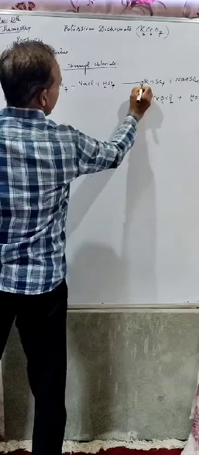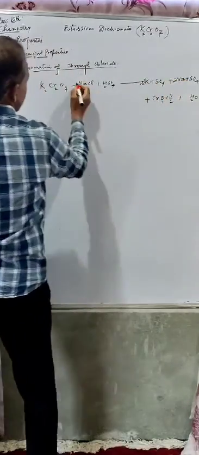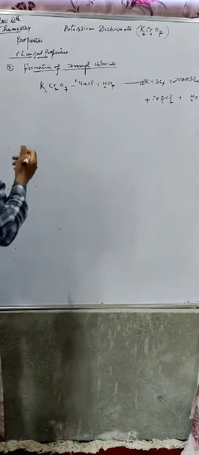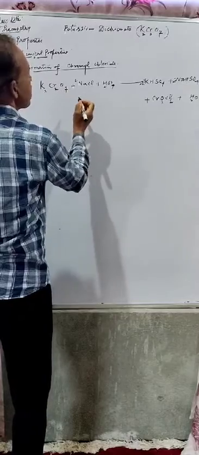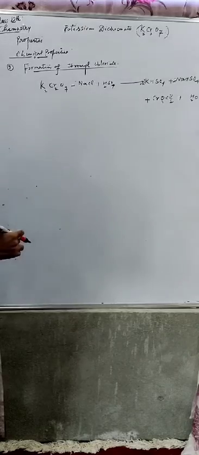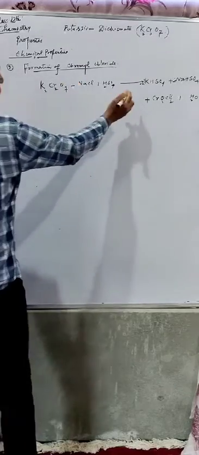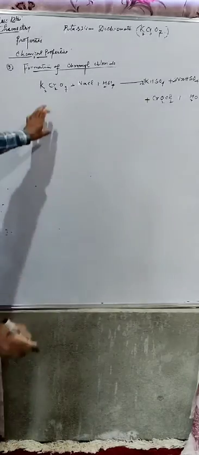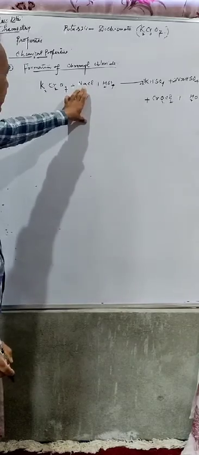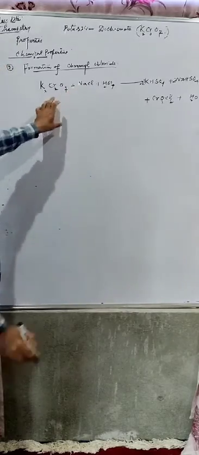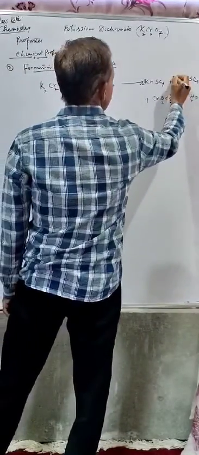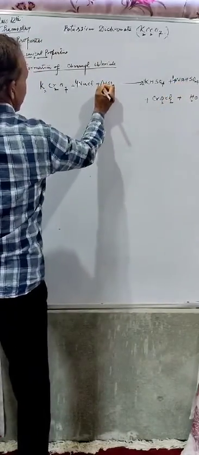We'll take twice, we'll take 4 times. KHSO4 plus NaHSO4, so these also come 2 times, or we will take it 4 times, we will take it 6 times.